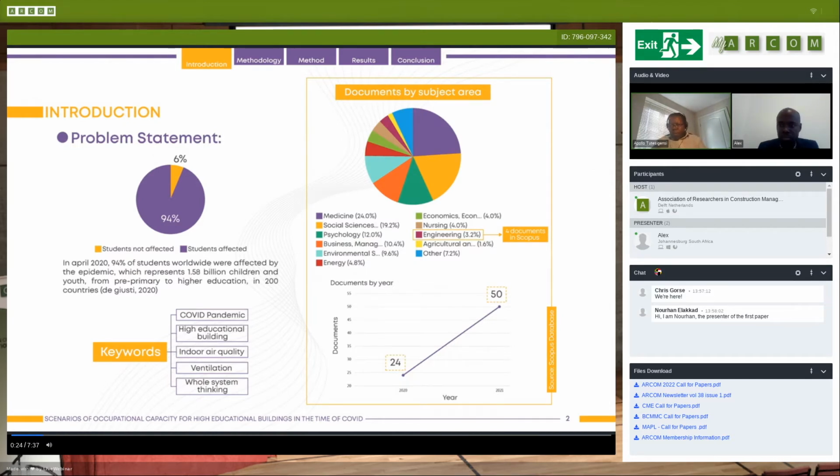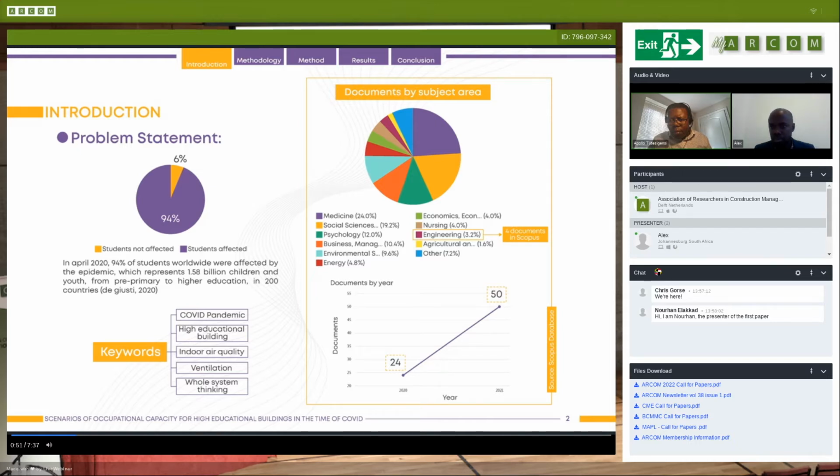The first case of novel coronavirus was recorded at the end of 2019. The problem appeared in April 2020 when 94% of students worldwide were affected by the COVID-19 pandemic. The keywords used are COVID pandemic, higher educational building, indoor air quality, ventilation, and whole system thinking.